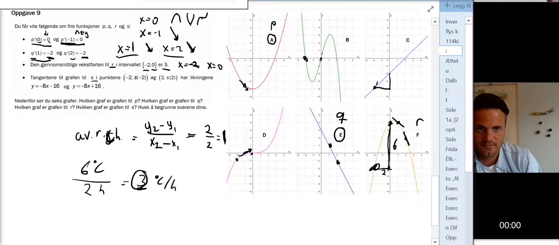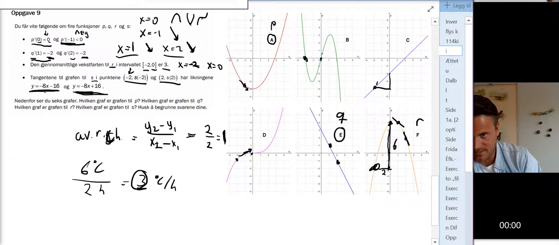And then the last one, S here. Now we don't have too many alternatives left, but it says that at the point where x is -2, the equation of the tangent line is this, and when x is 2, the equation of the tangent line is this. This means that the most important thing about the tangent line is the slope, the gradient, stigningstal.